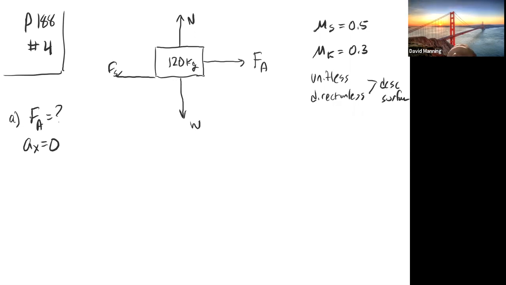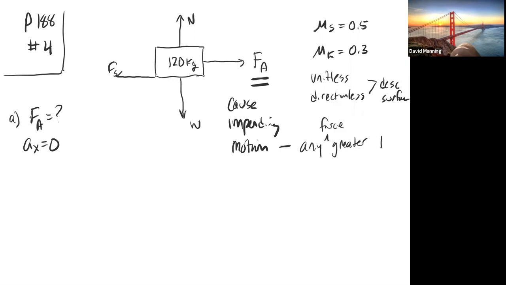This FA that we solve for is going to cause impending motion. That means that any force greater than FA causes it to move. So we're going to find out what FA is, and it's assumed that any force greater than that causes it to move.